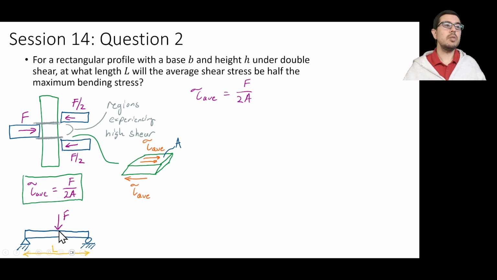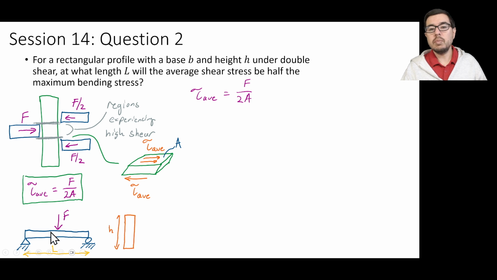This is a determinate system, not an indeterminate system, and the bending moment and shear force diagrams can be solved purely through the use of equilibrium. The cross section of this beam, looking along the beam, would have a height h and a base or width b.